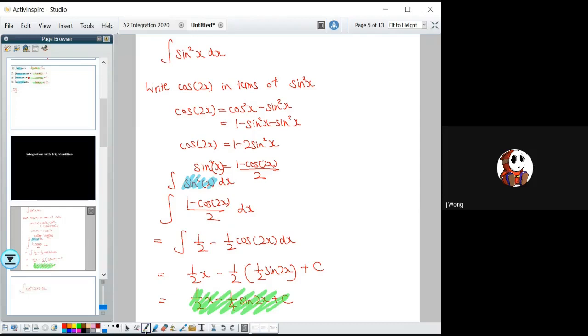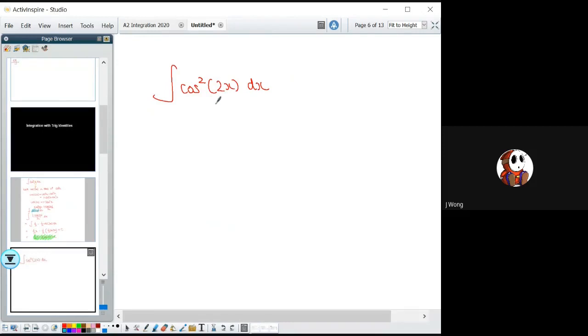We're going to use cos of 2x. Notice that whenever you see a square expression, and if the argument is x, then the cos identity that I'm going to use is always where we double the argument. Okay, so if we look into another example, which is the integral of cos squared of 2x, in the first instance, the double angle formula that we're going to use is cos, and then we're going to double the argument, which in this case is cos of 4x.